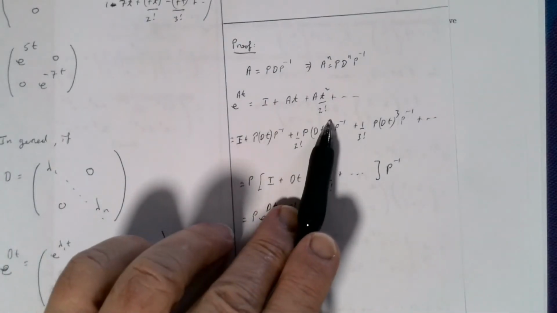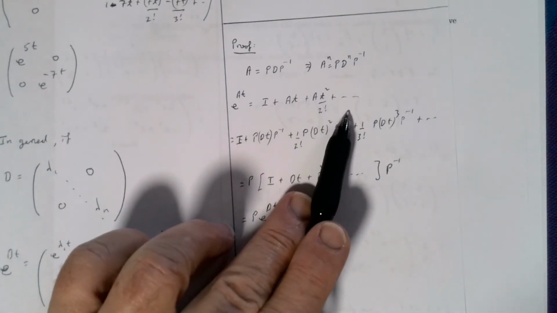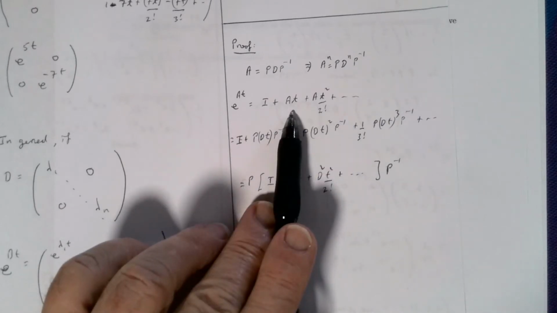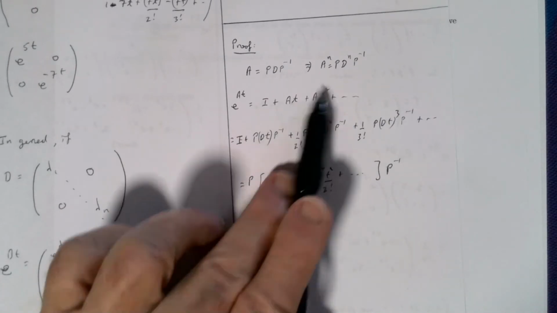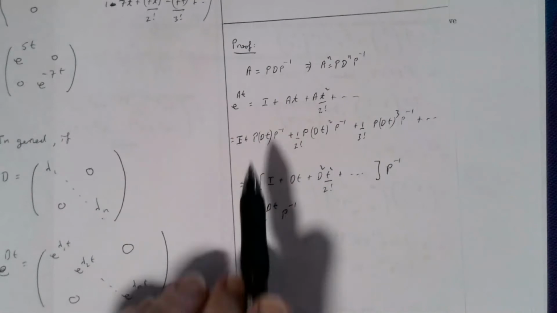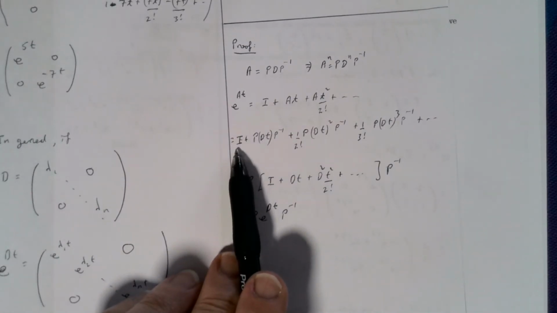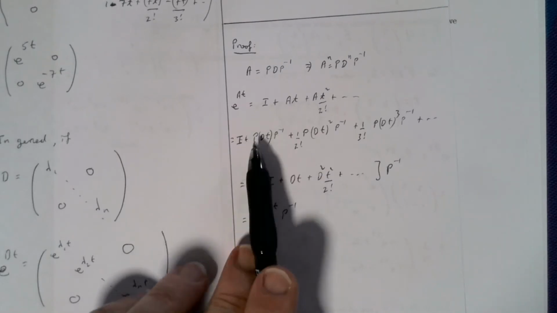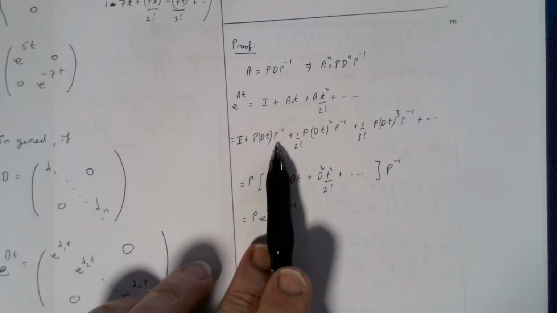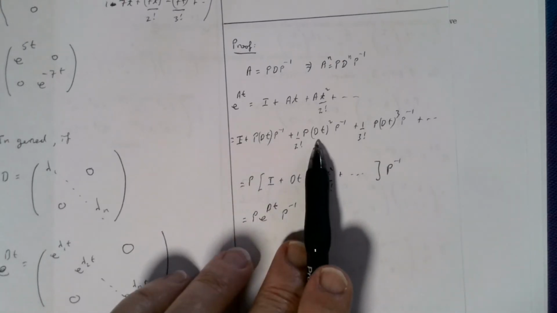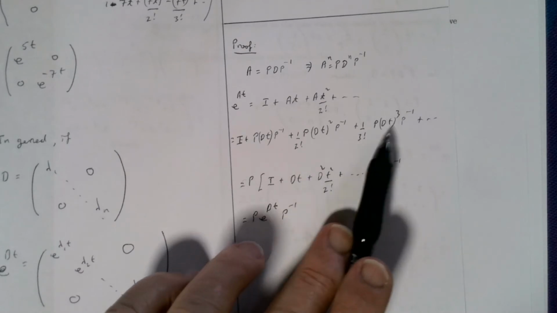And now I'm going to replace the powers of A using this formula. So I'm going to get P times, I'm going to leave the identity as the identity, and then At is P Dt P inverse, and then I plug it into the second one, and so on along.